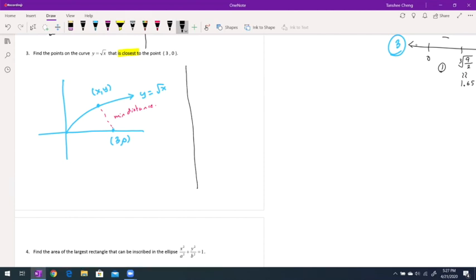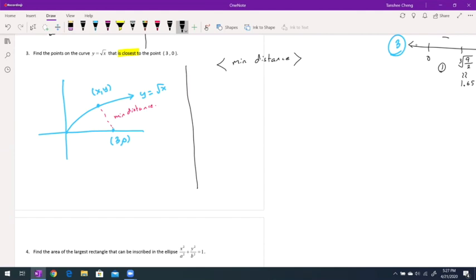That basically tells us what we need to do is write a distance formula. We want the minimum distance. That's our objective.